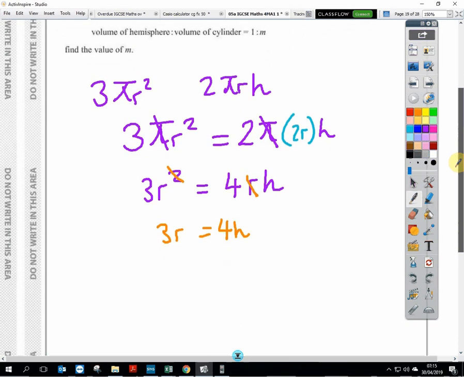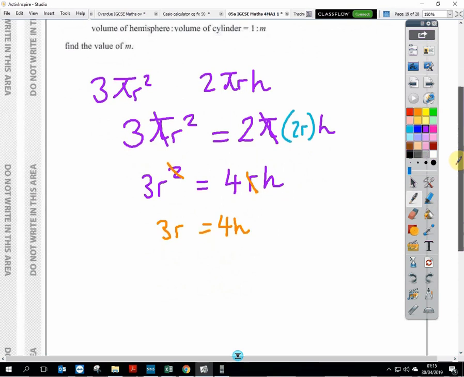The volume of the hemisphere to the volume of the cylinder is in the form 1 to m. So the volume of a hemisphere, remember a sphere's volume is 4/3 pi r cubed. If you half this because it's a hemisphere, you get 2/3 pi r cubed. The volume of a cylinder is pi r squared h.